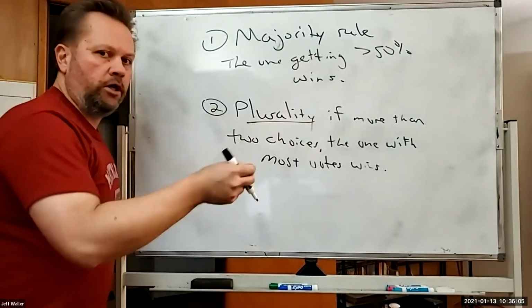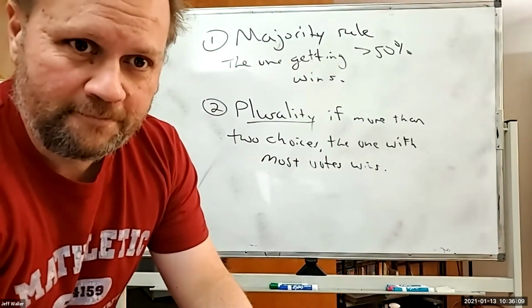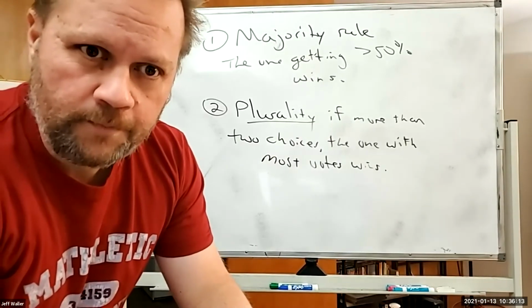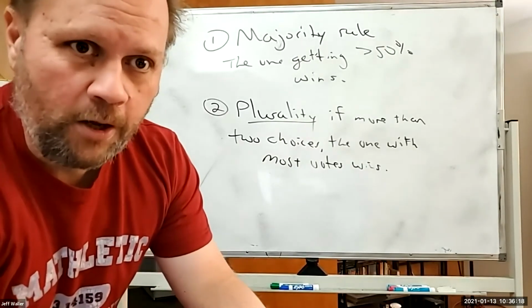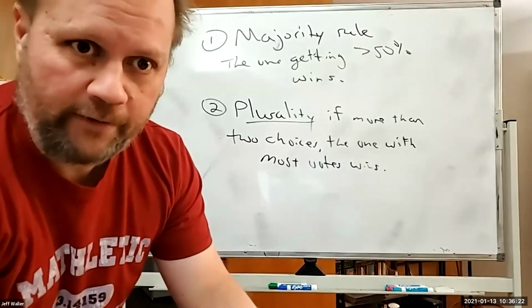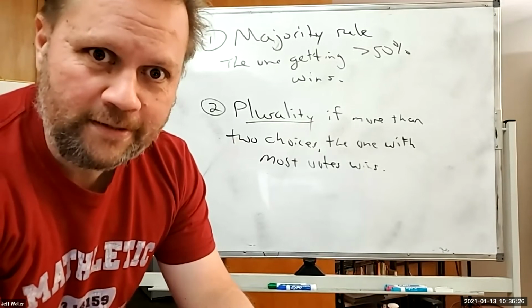Plurality means you could win even if you get 11%. If I have 10 people running for office and one person gets 11% and everybody else gets 10 or 9%, then the 11% wins. Democracy.